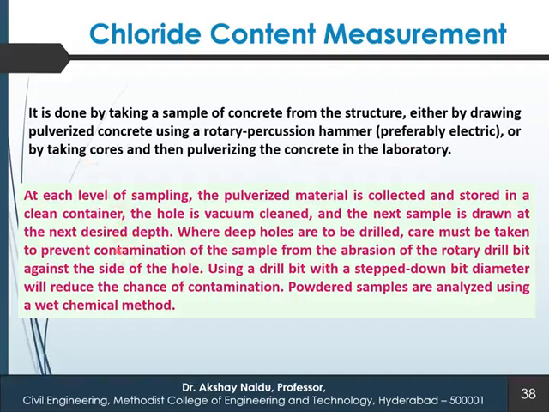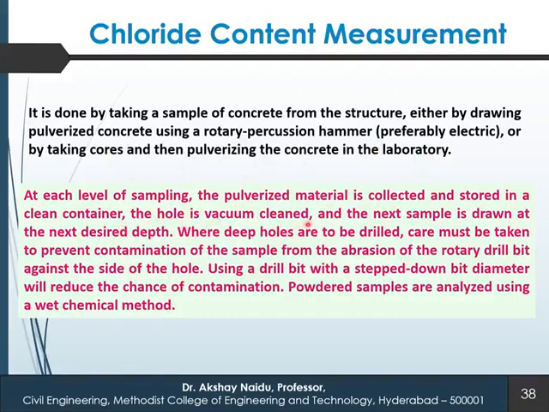Now, how to do it? It is done by taking a sample of concrete from the structure, either by drawing pulverized concrete using a rotary percussion hammer, preferably electric, or by taking a core and then pulverizing the concrete in the laboratory. At each level of sampling, the pulverized material is collected and stored in a clean container.